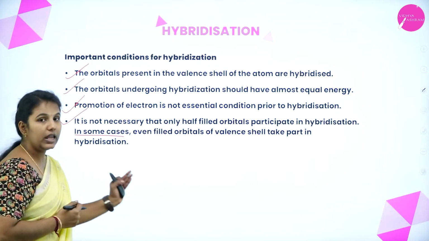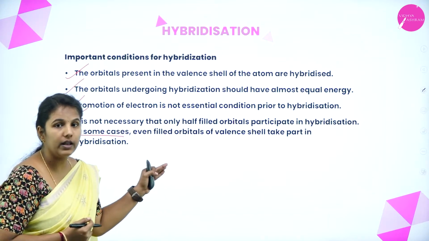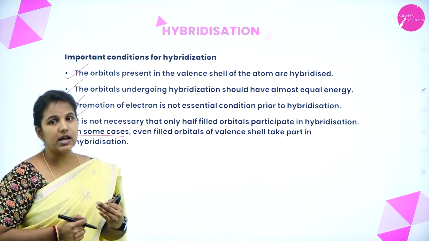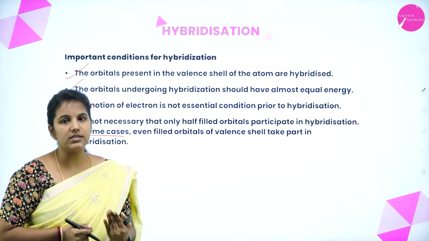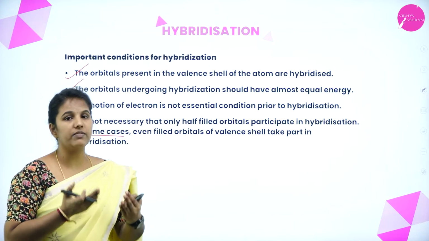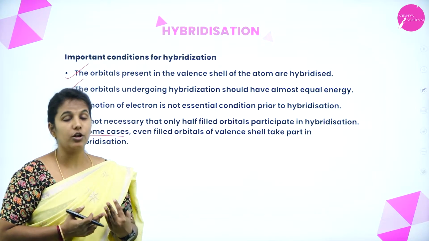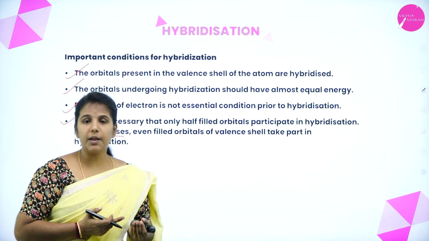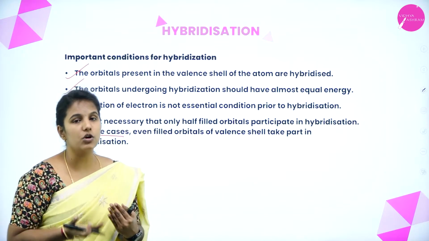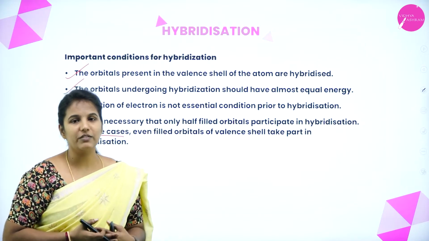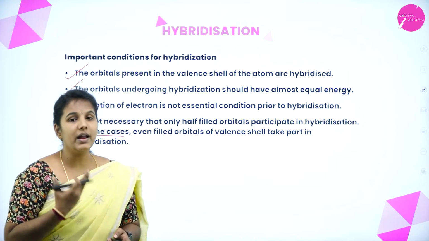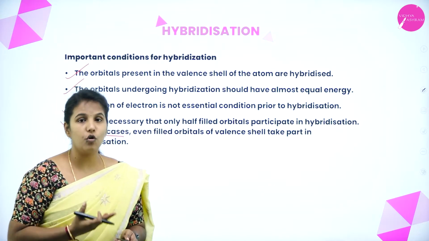In some cases, even filled atomic orbitals can also undergo what? Hybridization. So these are the main points about hybridization, where even though we always think that we need a half-filled atomic orbital, no. Sometimes even completely filled atomic orbitals undergo hybridization to give hybrid orbitals. More about this we'll understand by understanding the types of overlapping.